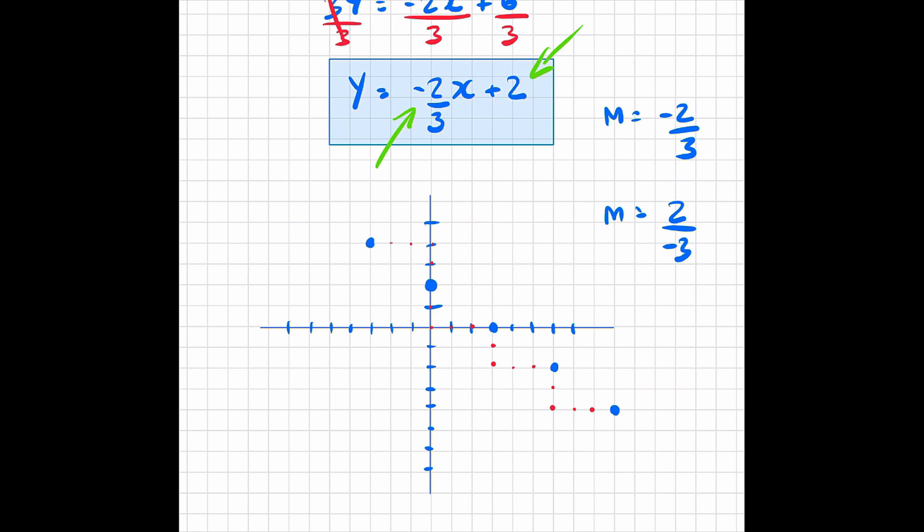Put a point right there, and I'm going to go again up 2 and left 1, 2, 3, and there's my final point. And you can see that these will all line up. So going from this point straight through everything, I get a line that goes through all points.